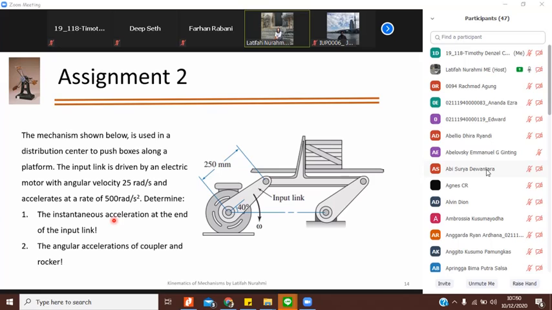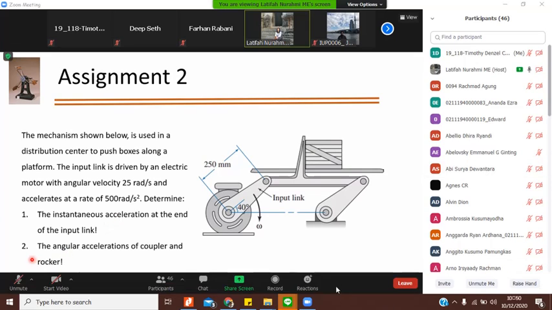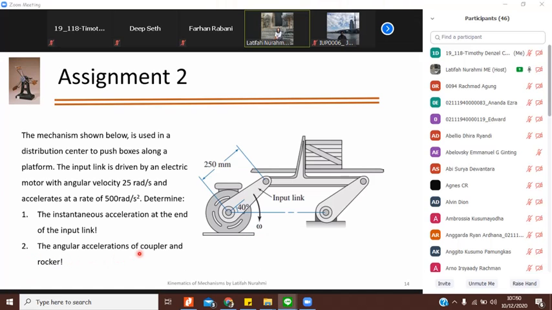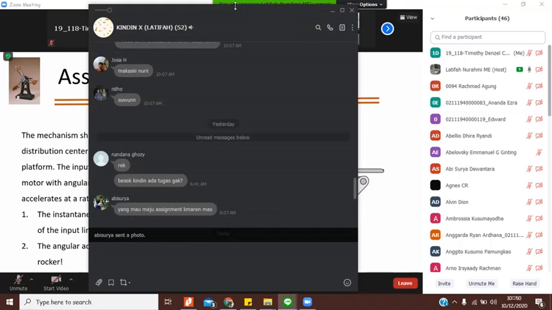We cannot use the average velocity equations because at different instants it has different velocity, what we call instantaneous. Question number 2, find the angular accelerations of coupler and rocker.